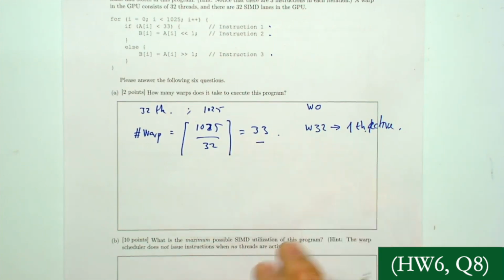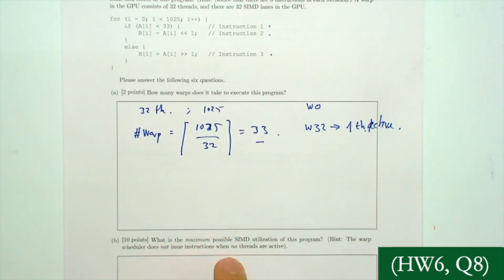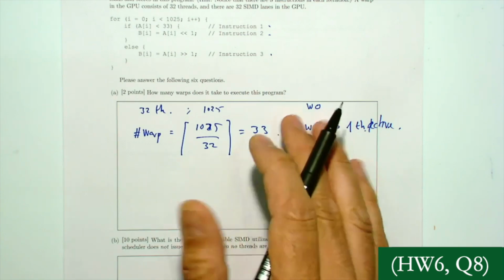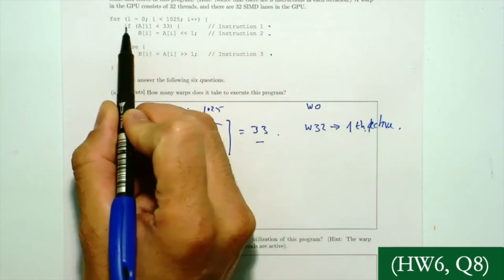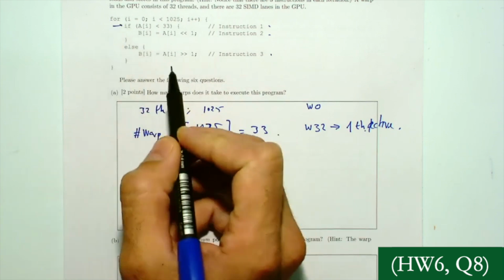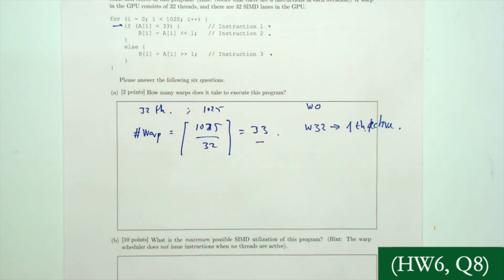So how can we get the maximum possible SIMD utilization? It will be the case where all threads in a warp go through the same path. Notice that the first instruction, instruction number 1, which is this if statement, is going to be executed by all the 1025 threads.